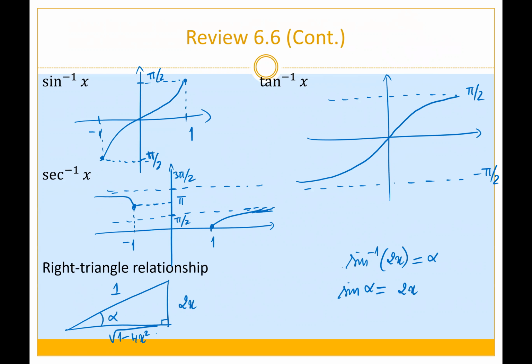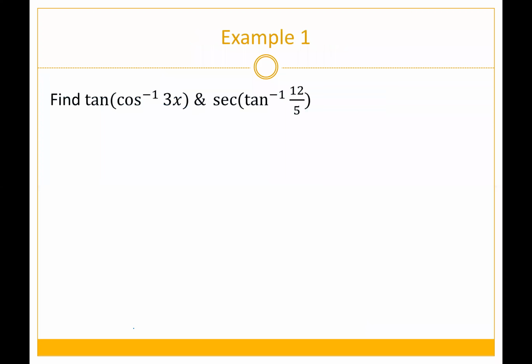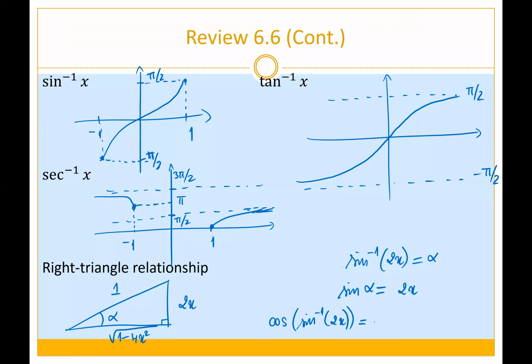Say they're asking you cosine of inverse sine 2x. The answer is going to be square root of 1 minus 4x squared, so it's adjacent divided by hypotenuse. Before I proceed to the first example of today, are there any questions so far? It's just a quick review of whatever is going on in class in the sessions.